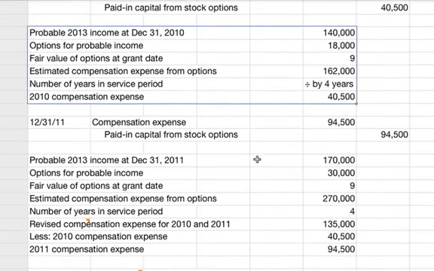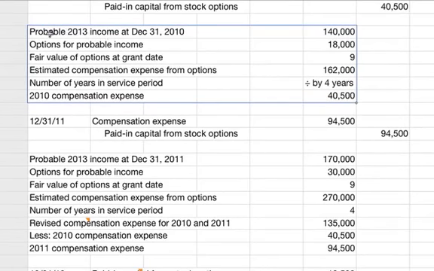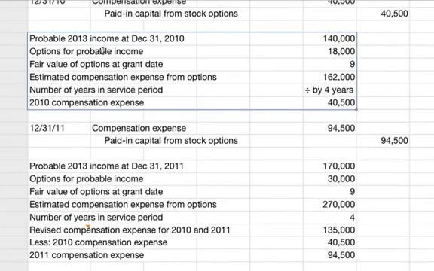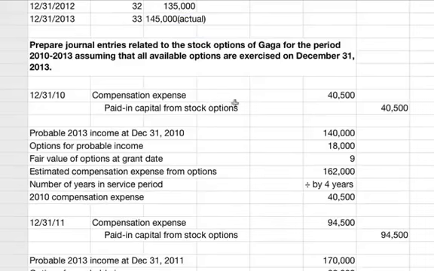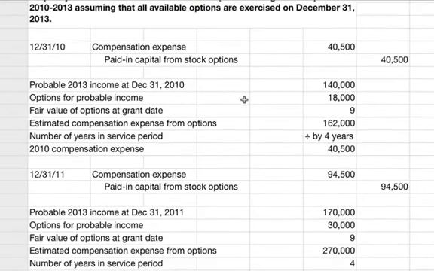The probable income at the end of 2013 as of December 31st, 2010 is $140,000. You get that from our table right here. So come back down. At $140,000 of net income, there would be 18,000 options granted.